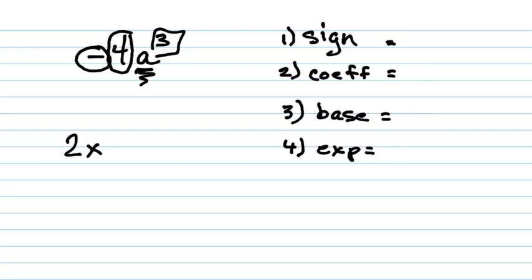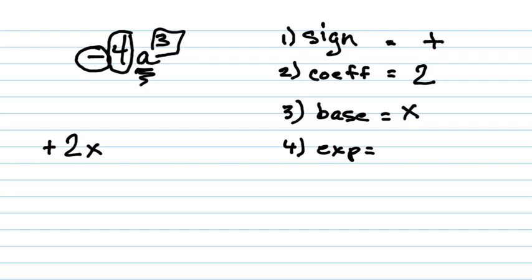First of all, it should have a sign. Does it have a sign? No, but if it doesn't have a sign, it means it's positive. Exactly. Excellent. Yes. If you don't see a sign, you always assume a positive. Okay? So it does have a sign. It's a positive. It has to have a coefficient. What's the coefficient in this case? 2. The 2. Good. It has to have a base, which in this case is the x.